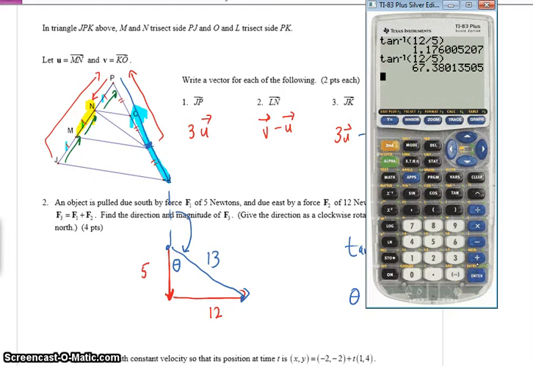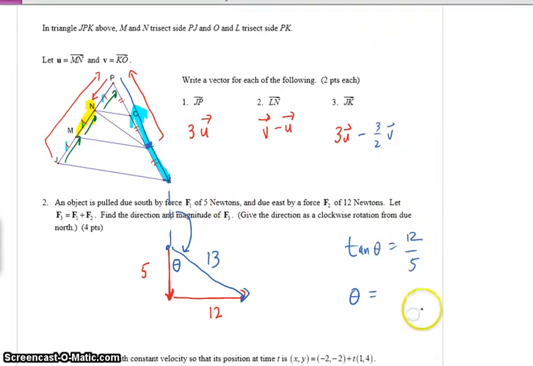And that's 67.38 degrees, but actually, it's 180 minus this angle that I want. So that's 112.62 degrees. Okay, so that's the vector. 13 is the magnitude, and 112.62 degrees clockwise from due north is the direction.